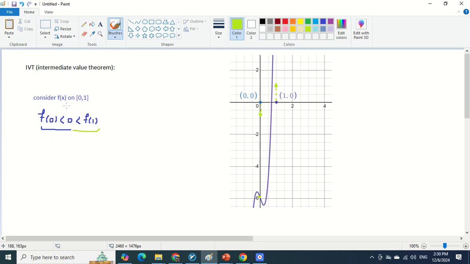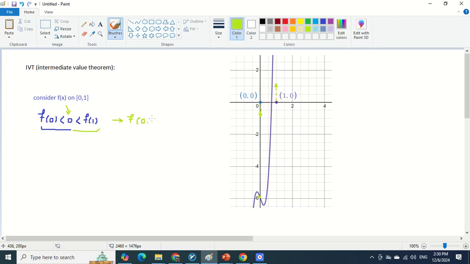Since the function f is continuous and 0 is a middle point, that means that we have a root between 0 and 1. So to restrict that root, we should determine f of half. If I determine f of half, then we can restrict our root more and more.